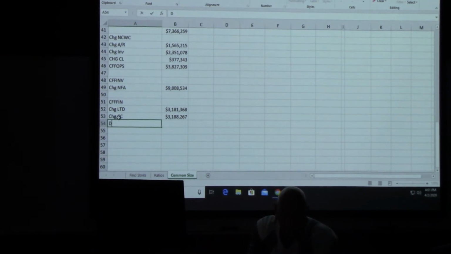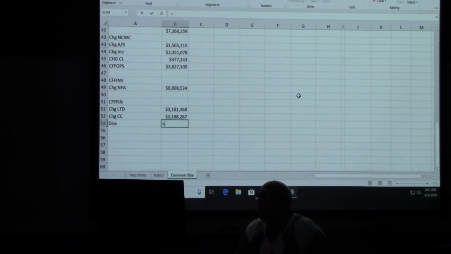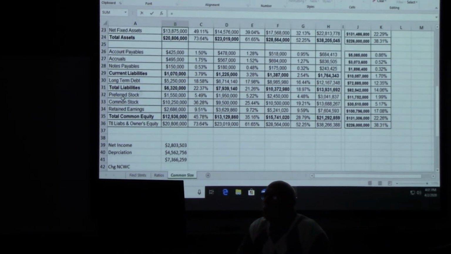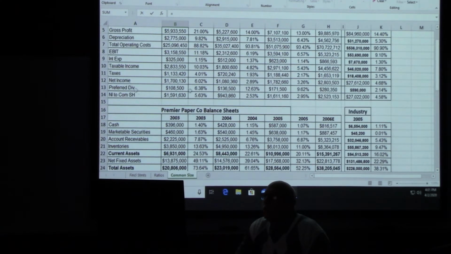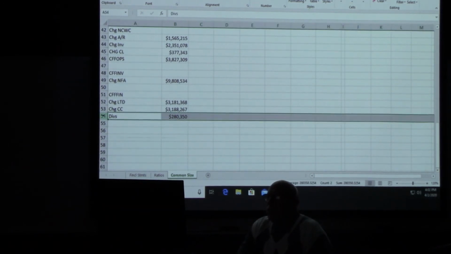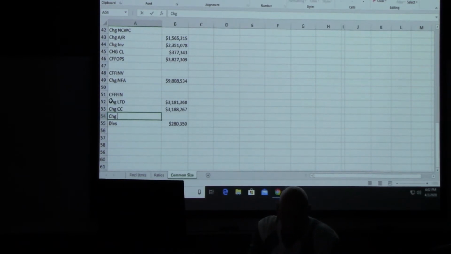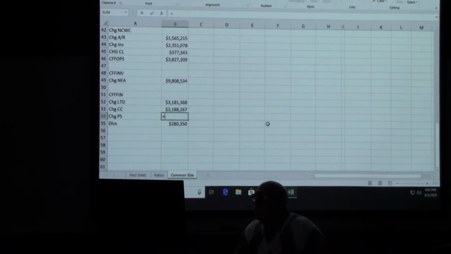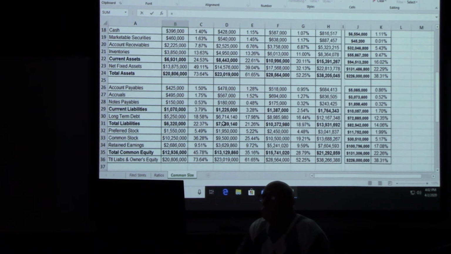And dividends is equal to here. Boom. Okay. Oh, and change in preferred stock. And that's equal to that minus that.